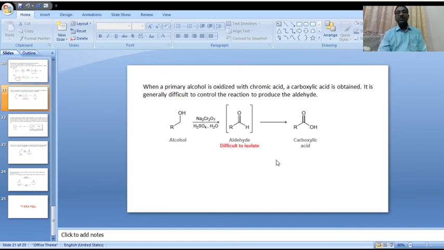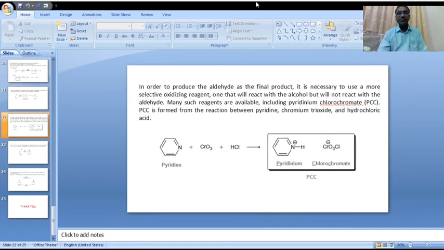But if we want to prepare that intermediate aldehyde, then this selective oxidizing agent, pyridinium chlorochromate, is required to produce the aldehyde.